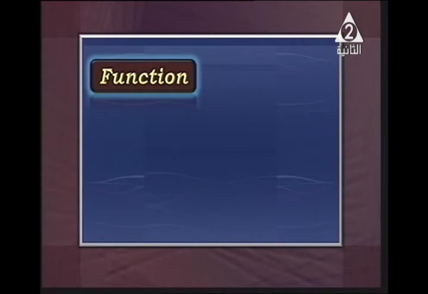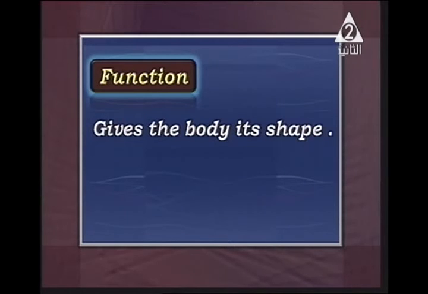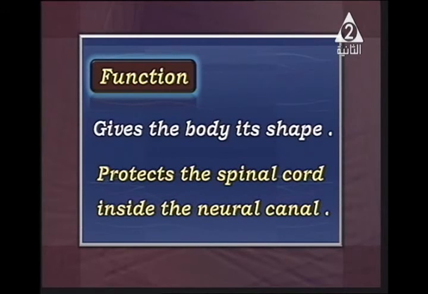The function of the vertebral column is that it gives the body its shape. As we said, in general, most of our skeleton gives our body its shape, and also protects some important organs like what? The spinal cord, which is found inside the neural canal. It's a canal or passage inside the vertebral column, formed by the vertebrae.